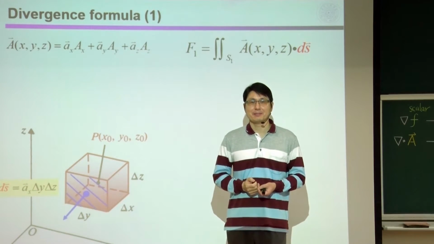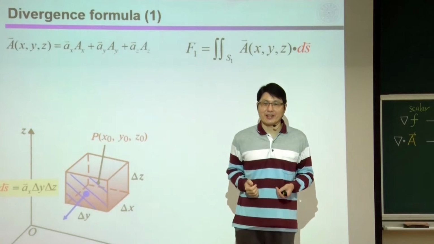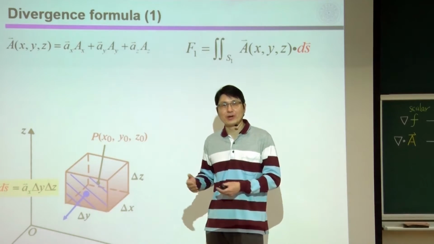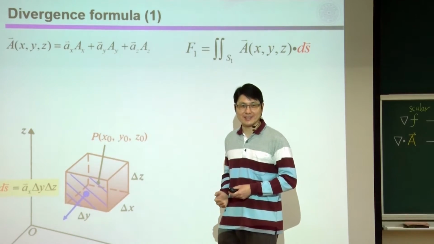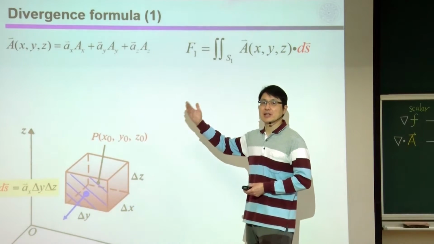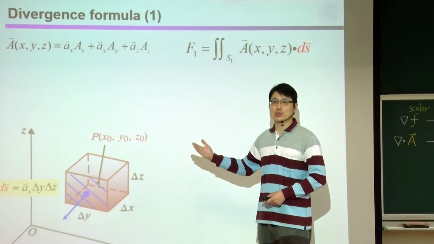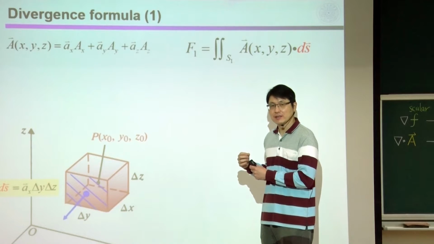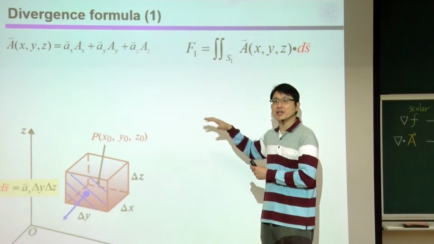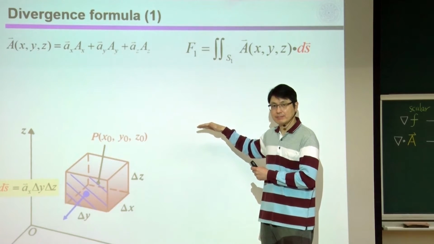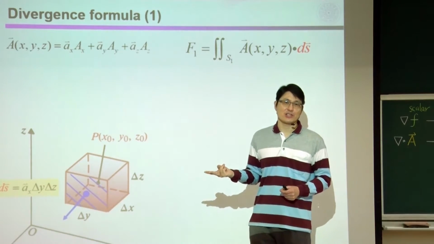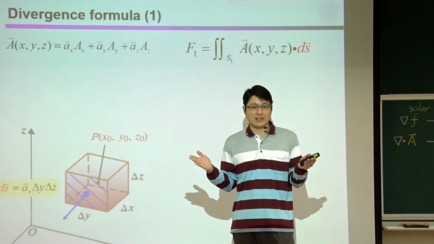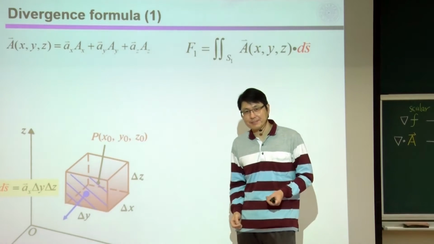Why? Because I'm too old. You're young and smart, so I usually work in the easiest coordinate. I'm only trying to give you guidance on how to formulate divergence in Cartesian coordinates. The other two coordinate systems are left for you as your homework.